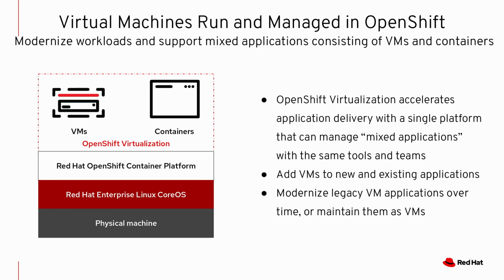So you can use the same concepts that you know from Kubernetes to deploy, manage and maintain your virtual machines based on the KVM virtualization, and you can use exactly the same tools so that you can have a consistent platform for running different workloads, both the containerized and virtual machines.